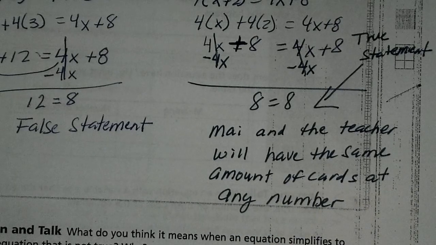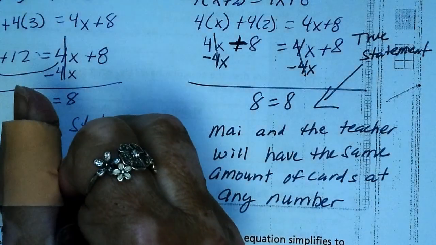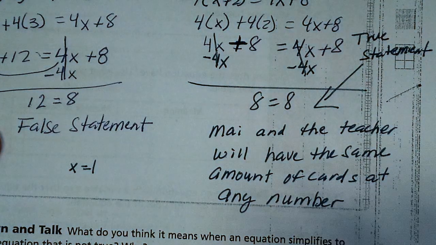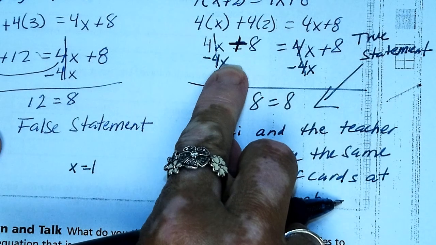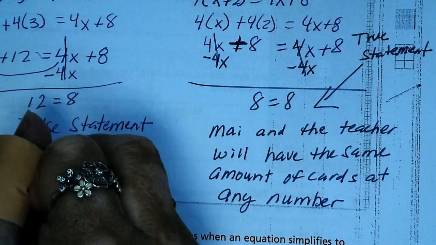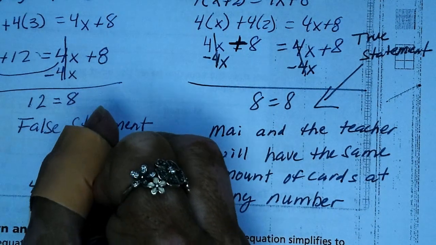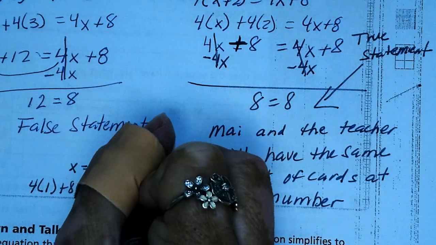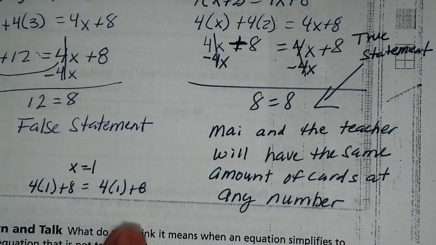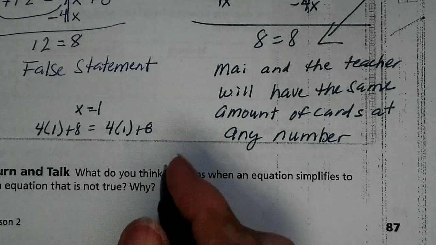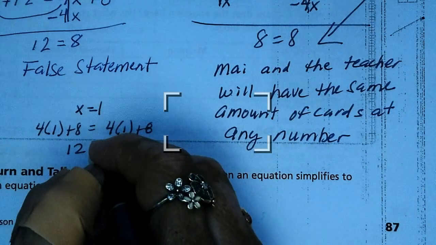Okay, so what that means is if I say x is 1 and I substitute it back in, I would get 4 times 1 plus 8 on this side and I get 4 times 1 plus 8 on the other side. So I would end up with 12 equals 12.